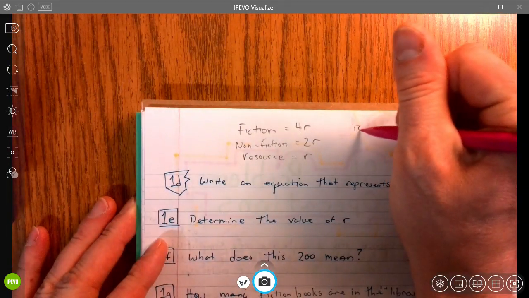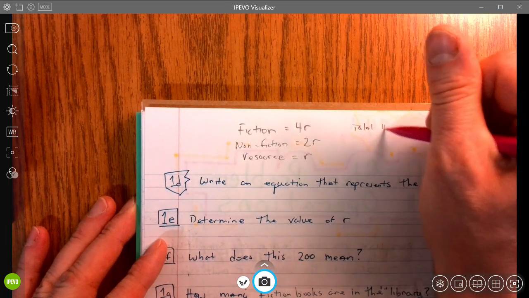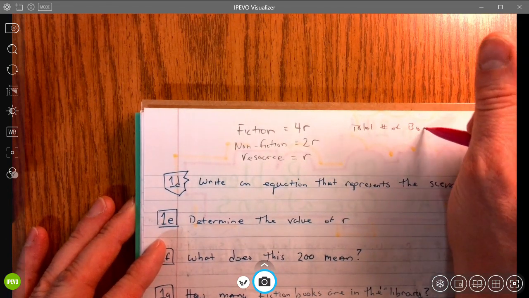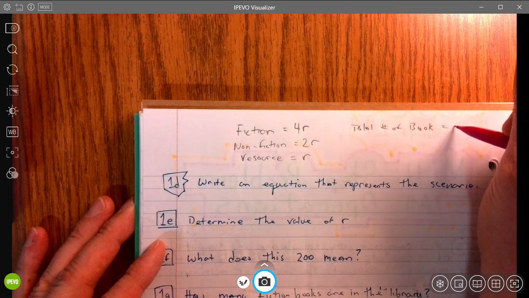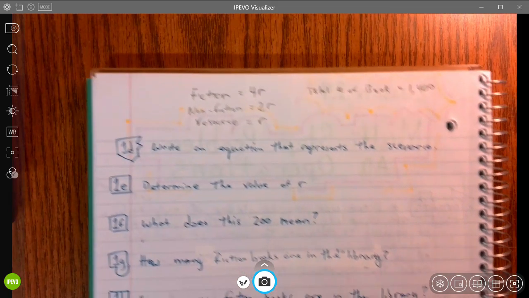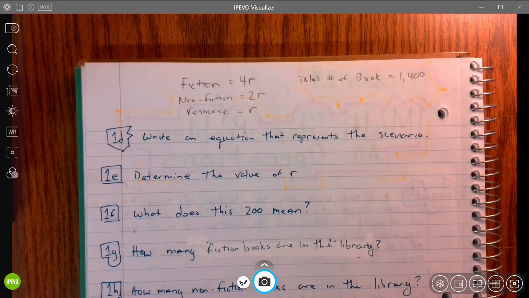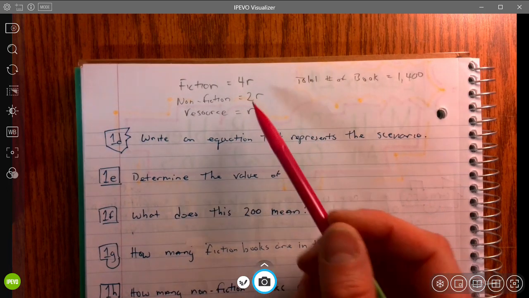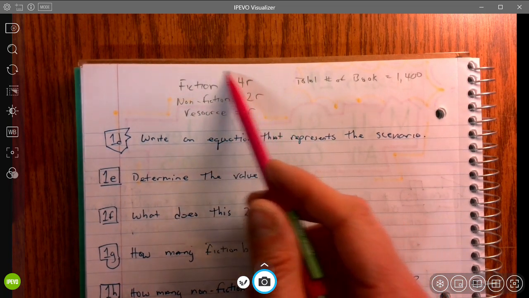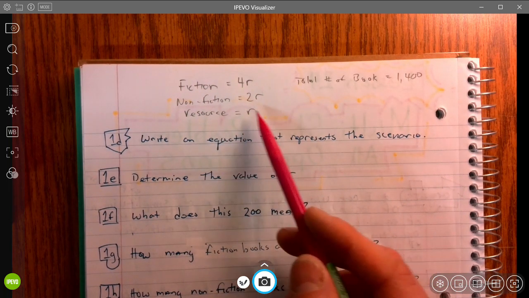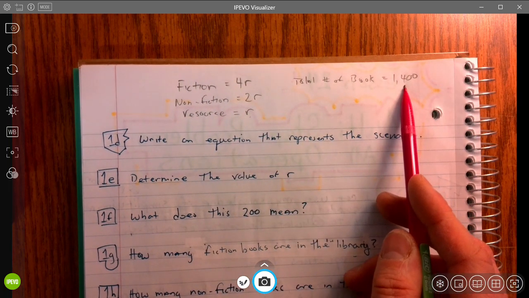So my total number of books is equal to 1,400. So if we're going to write an equation that represents the books, what we need to do, right, is we need to add all of these books together. And we know what they should add up to. They should add up to 1,400.